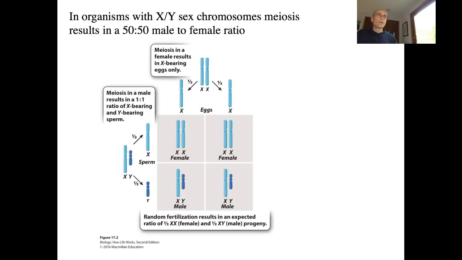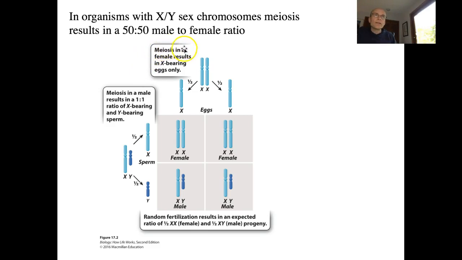All right, so when we think about assortment of sex chromosomes into gametes, what we normally have is a 50-50 ratio of male to females. And if you look at this from a chromosomal perspective, then here is why that is that way.